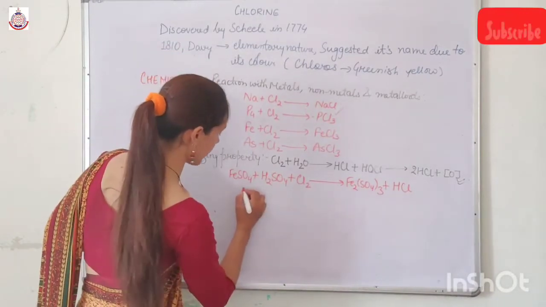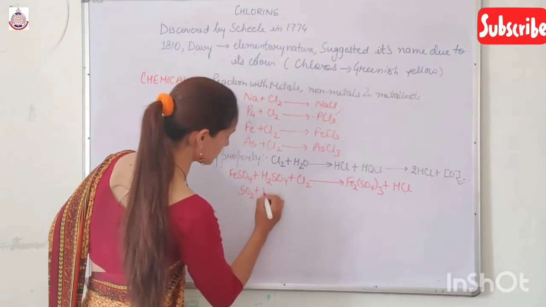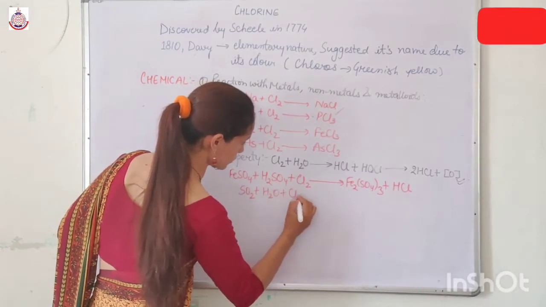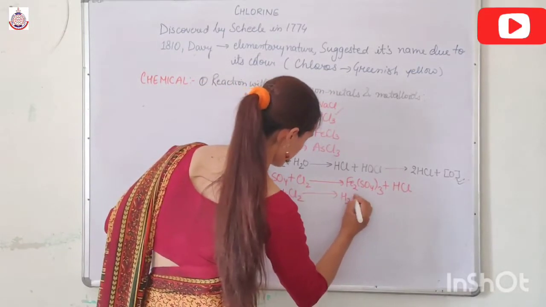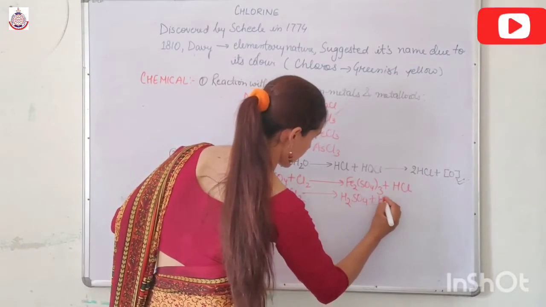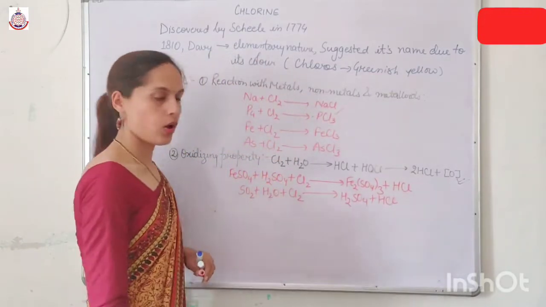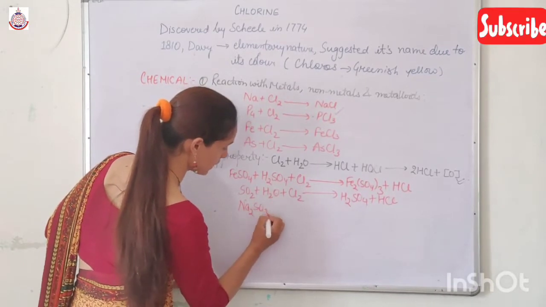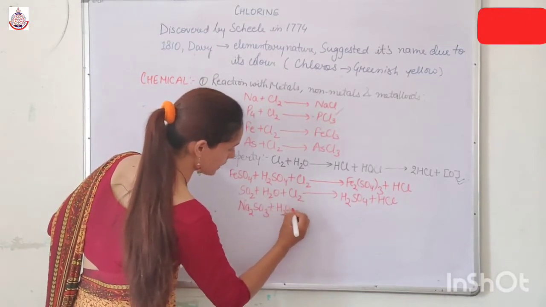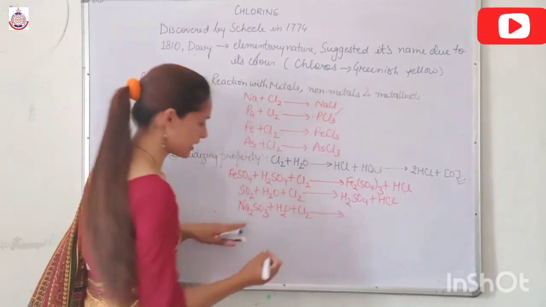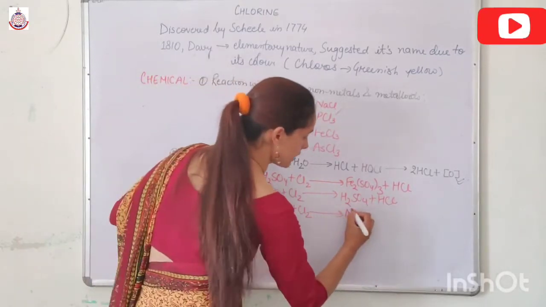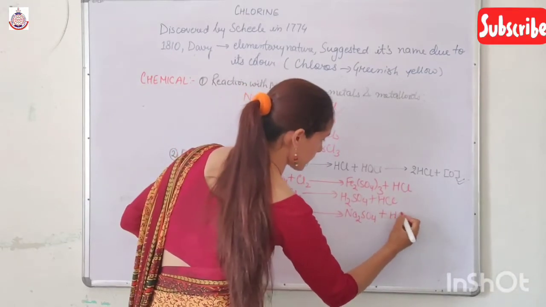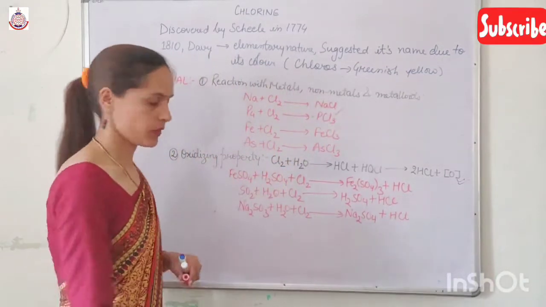Similarly, if I write SO2 plus H2O plus Cl2, it gives H2SO4 plus HCl. Or if I write Na2SO3 plus H2O plus Cl2, this Na2SO3 gets converted into Na2SO4 and this Cl2 gets converted into HCl.